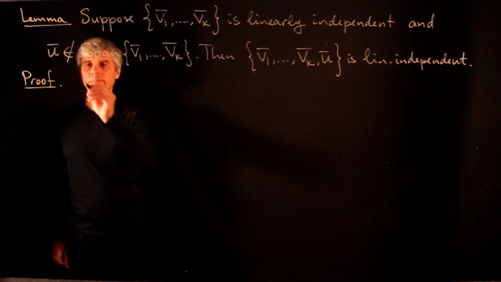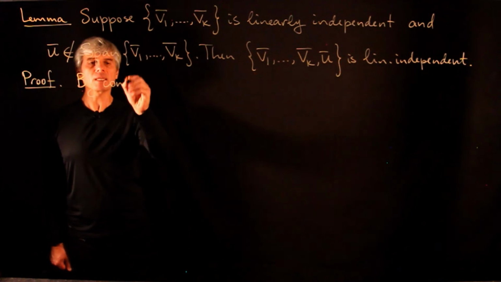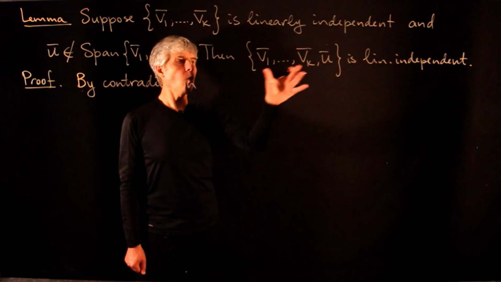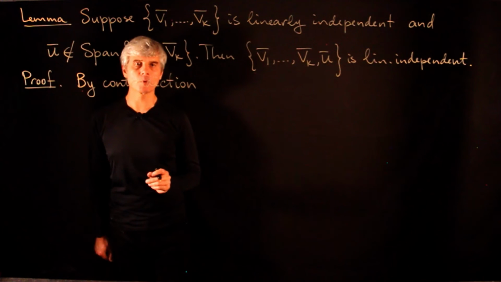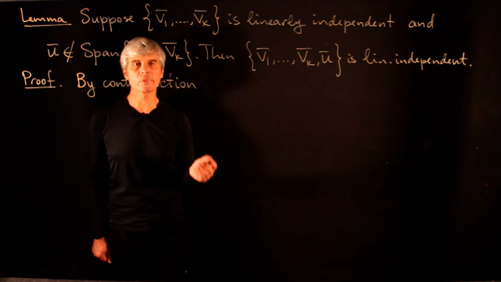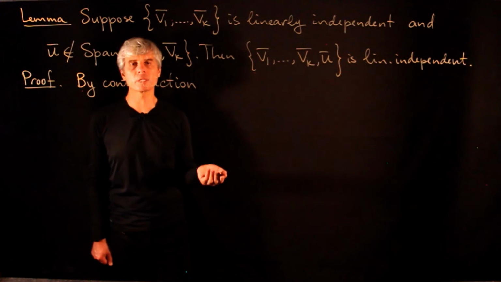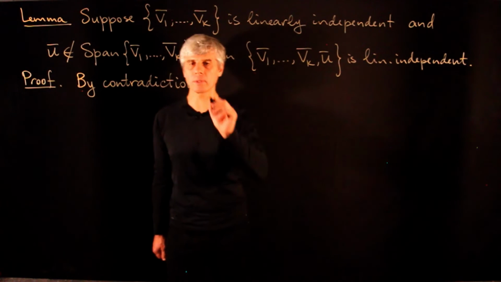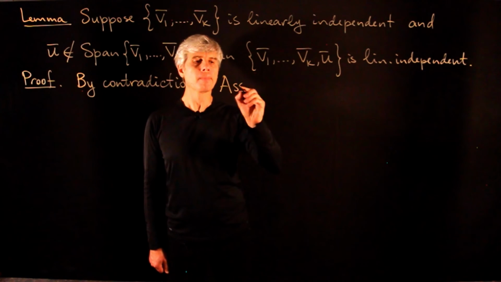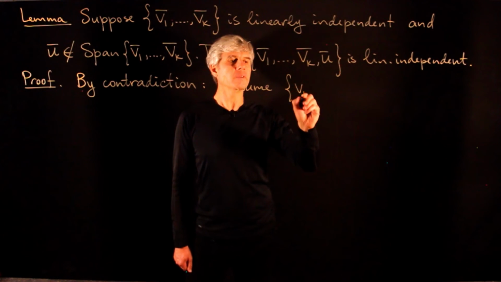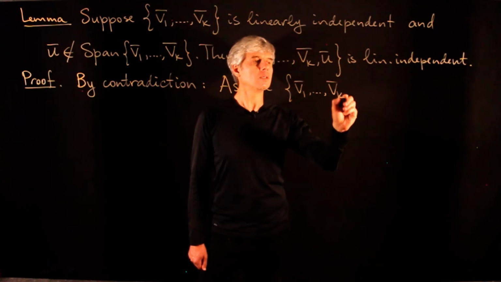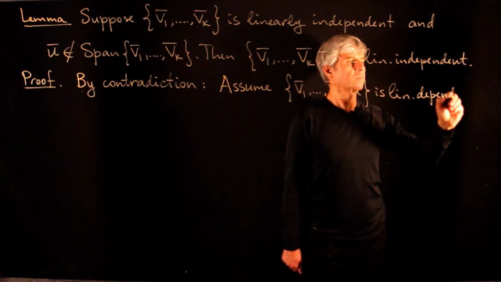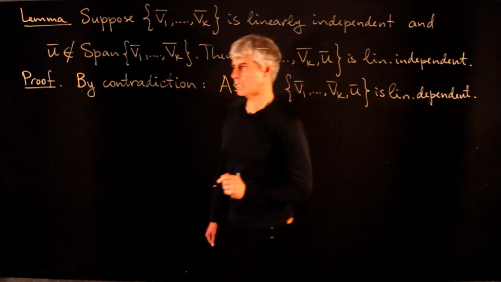We will prove this lemma by contradiction. This means that we're going to assume the opposite of what we need to prove, and then we will show that this assumption leads to a contradiction. So assuming the opposite of our conclusion is not possible. So we assume that the set v1, ..., vk, u is linearly dependent. What does it mean?